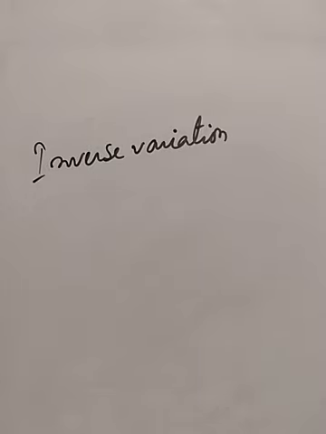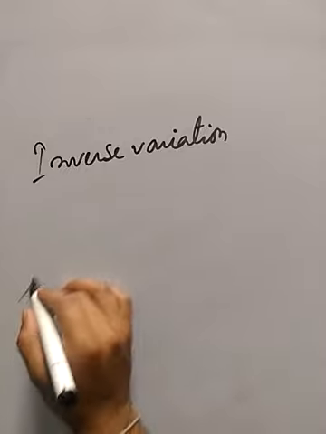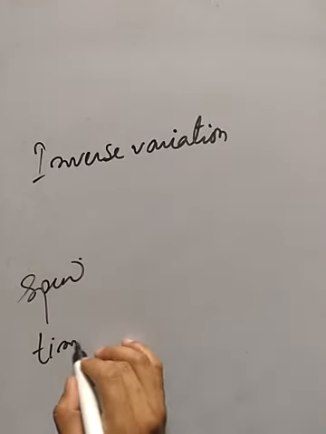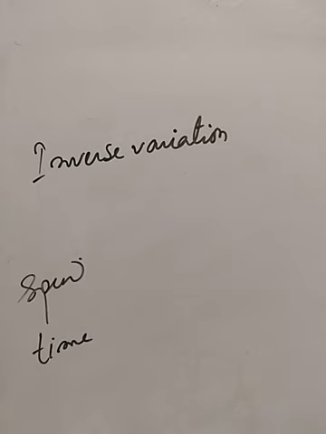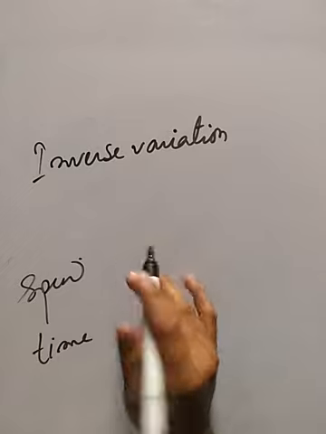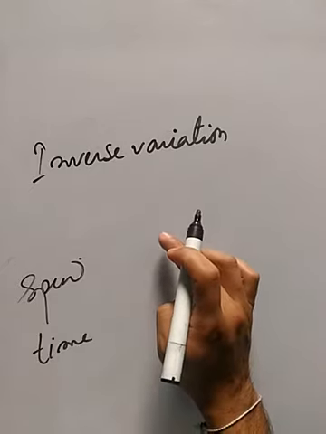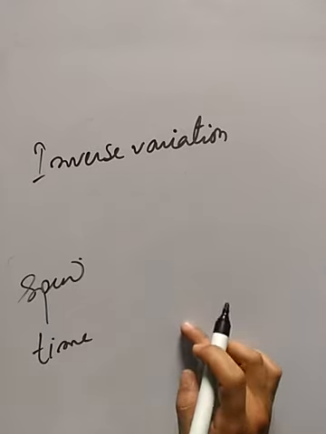So whether you walk fast or slowly, that's nothing but your speed. And the time taken, sometimes you take less time, sometimes more time. It depends on your speed, whether you walk faster or slowly. So when speed increases, time decreases. When speed decreases, time increases.